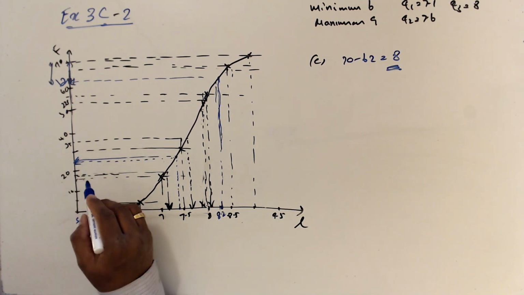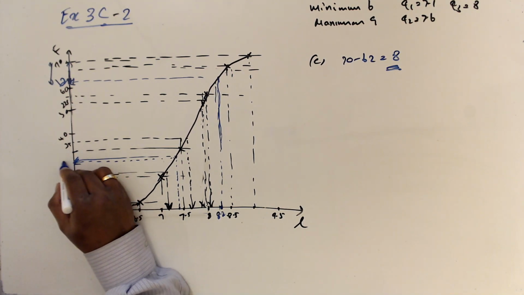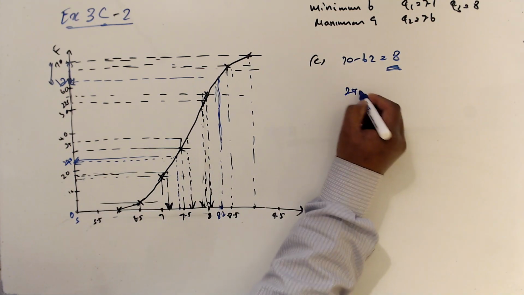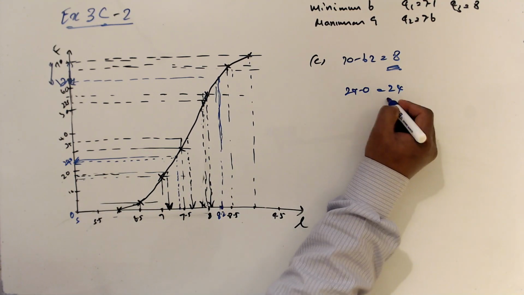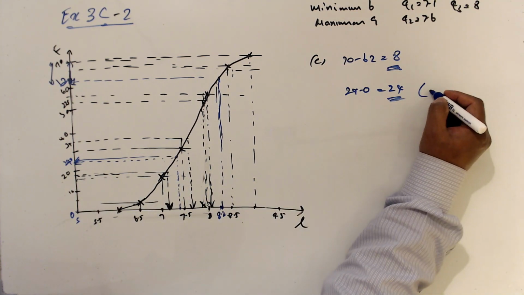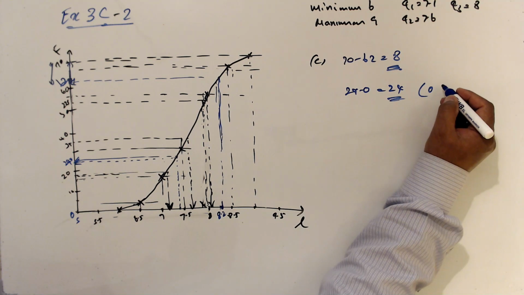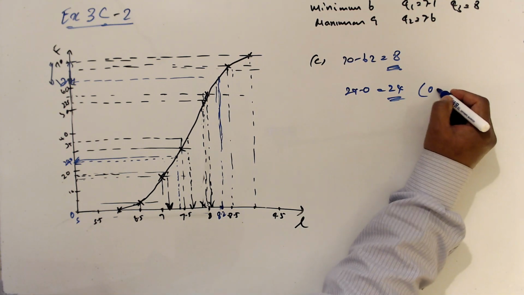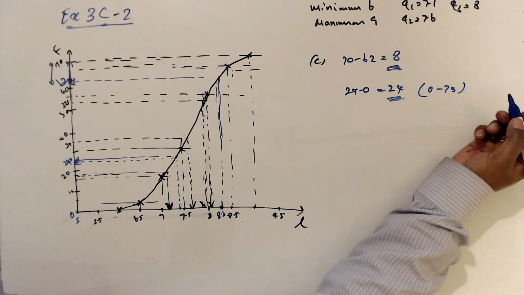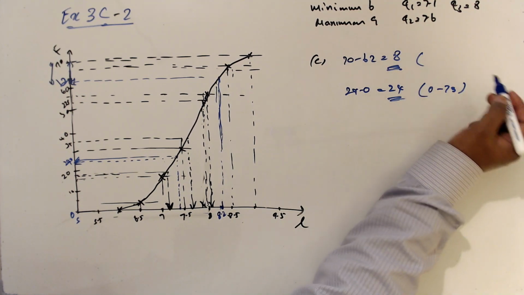So this is going to be 24, and this is 0. So 24 minus 0 is 24. There are 24 terms in between 0 and 7.3.